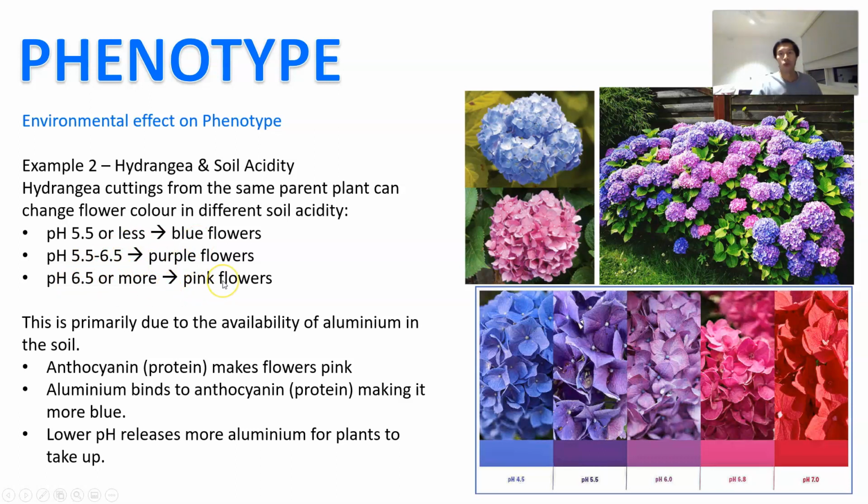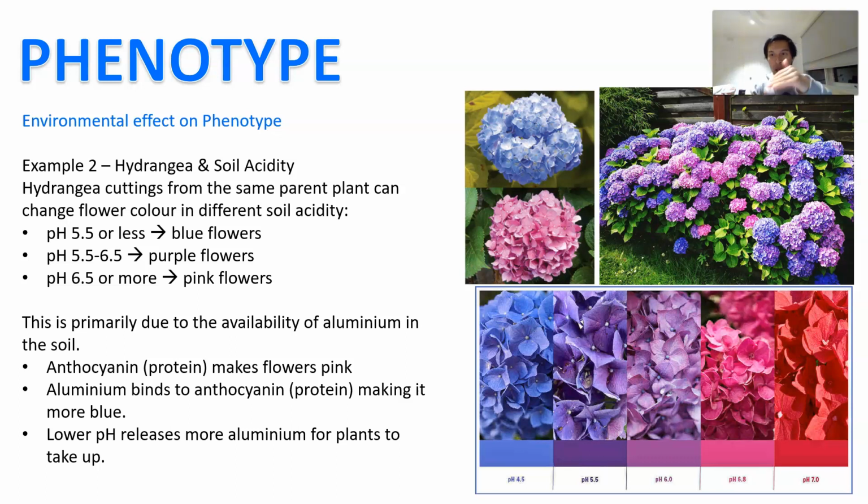Now, why is that so? That is primarily due to the availability of aluminium in the soil, right? Aluminium makes it go more blue, basically. What happens is anthocyanin, which is a protein that makes the flowers pink, right? The aluminium that is present in the soil is going to be absorbed into the plant, binds to the anthocyanin, and it makes it more blue.